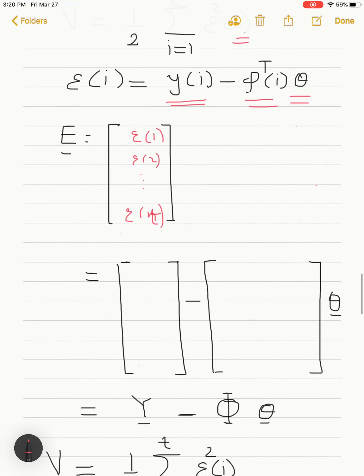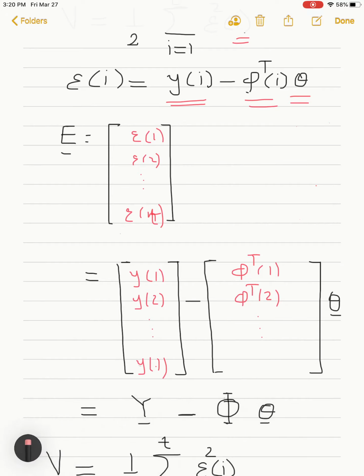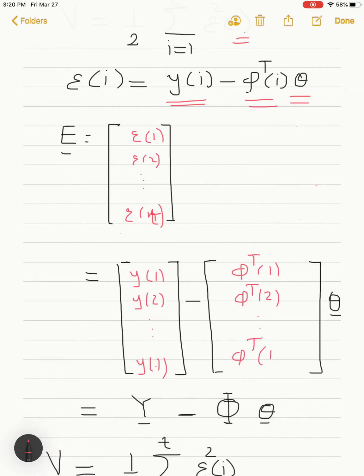And the components of that vector would be y of 1, y of 2, up to y of t, minus phi transpose of 1, phi transpose of 2, and so on up till phi transpose of t, and that's multiplied by theta.